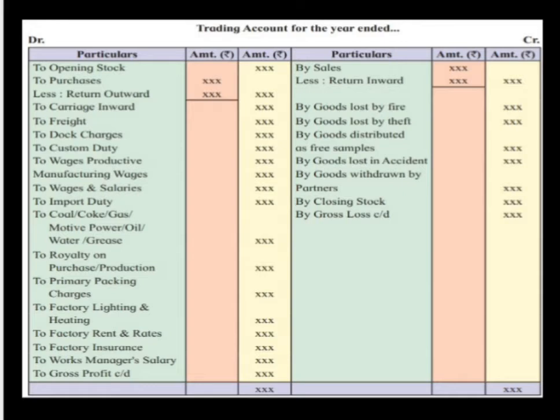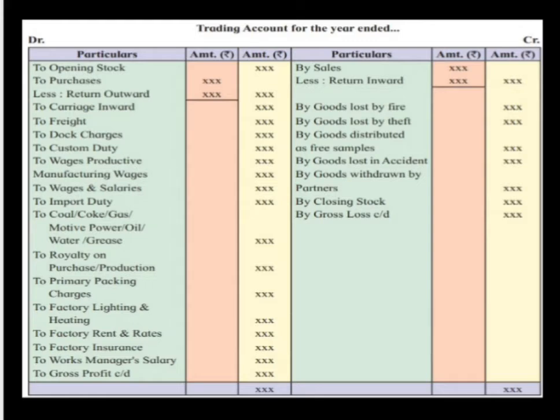Here you have to remember that wages and salaries given to laborers are direct expenses. That is why we debit them to this trading account.